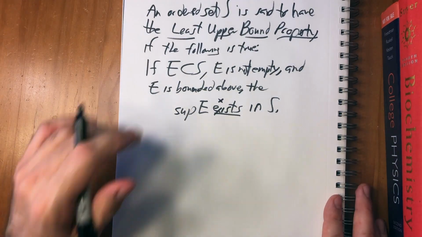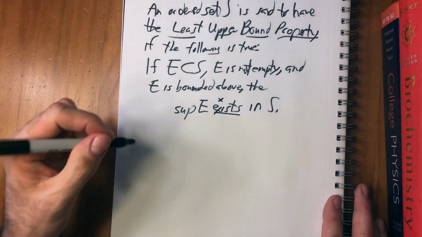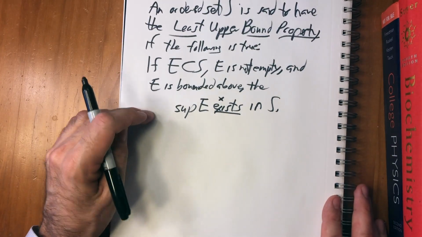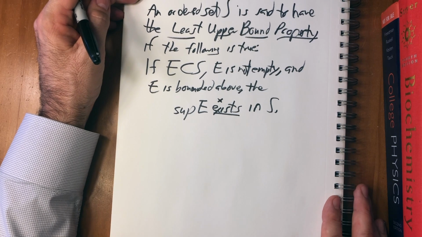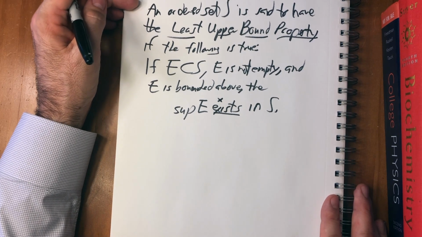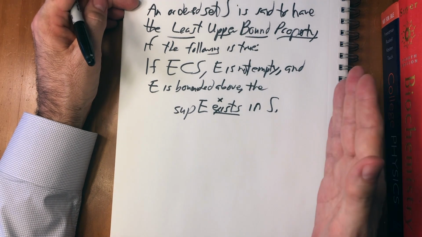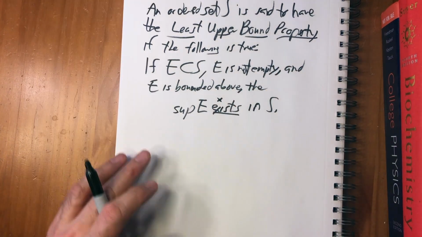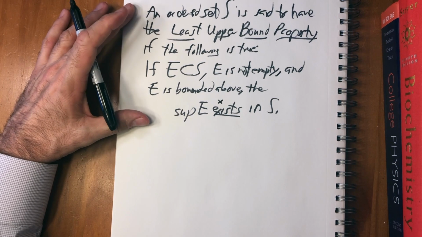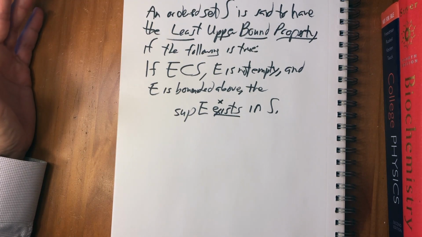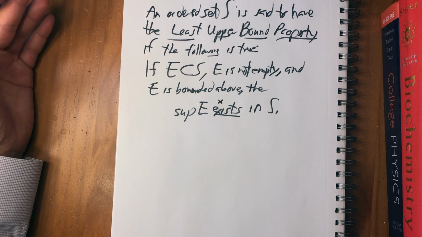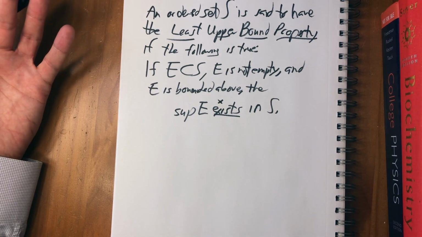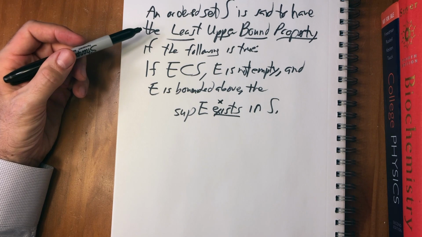So again, as we were talking about, the rational numbers do not have this property because we can define a set that does not have a least upper bound. You can always find a smaller upper bound in the rational numbers. This is an amazing statement because it's so simple and it seems so obvious and trivial that it's like, well, okay, big deal.